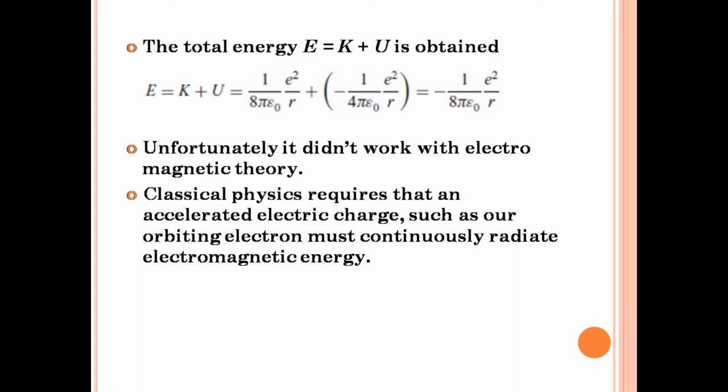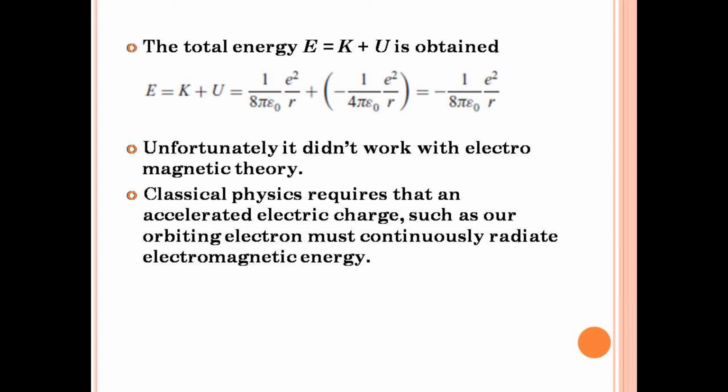But unfortunately, it didn't work with electromagnetic theory, because if a charge revolves in a circle, it emits an electromagnetic wave with a frequency equal to the frequency of revolution, and it loses energy, so the orbit gets smaller and the frequency decreases.